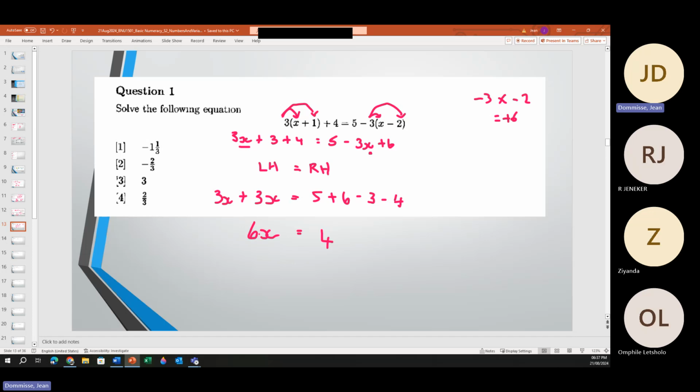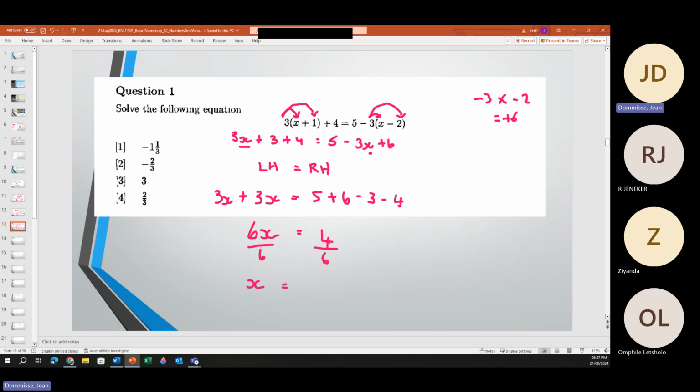And then to get rid of the 6, we divide on both sides by 6. So 6 divided by 6 leaves me on the left-hand side with x, on the right-hand side with 4 over 6. But we see nowhere here we've got 4 over 6, so we need to simplify it a bit.